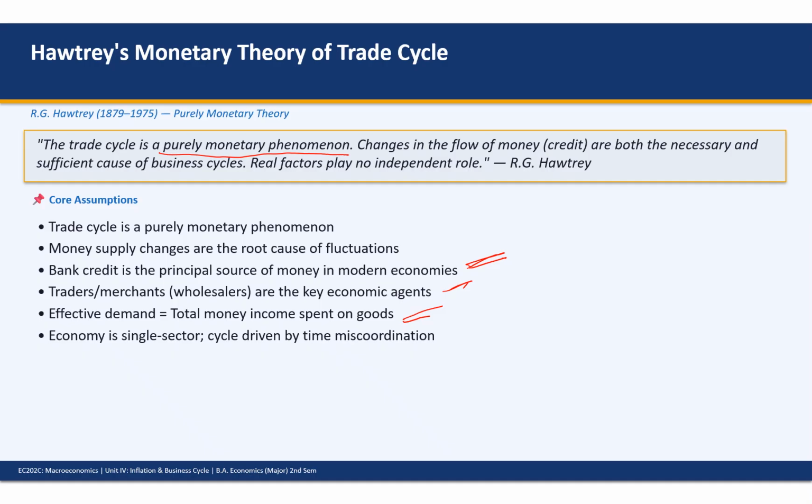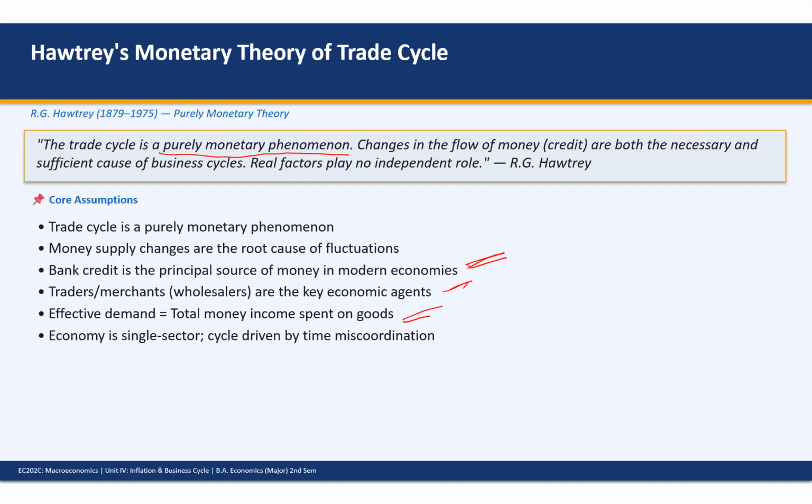So the whole process becomes cumulative. Now let us talk about how contraction begins according to Hawtrey's monetary theory. The contraction phase starts when there is pressure on bank reserves, such as gold drain or reserve loss. The bank raises the interest rate and restricts credit. The traders reduce borrowing, cut down stock holdings, and place fewer orders.